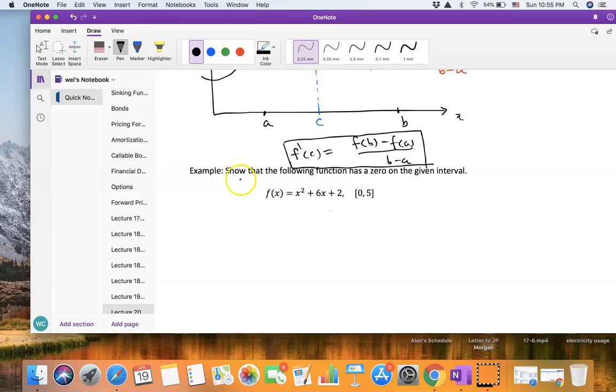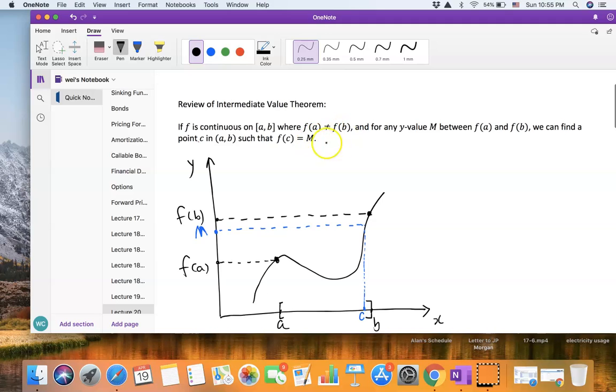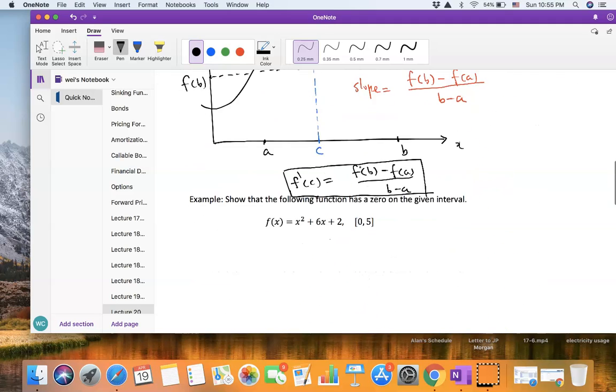Now this problem asks us to show that the following function has a zero on the given interval. The right theorem we should use is the intermediate value theorem. Why?